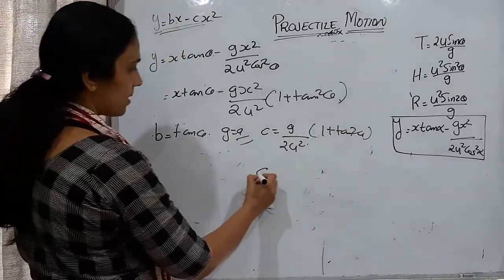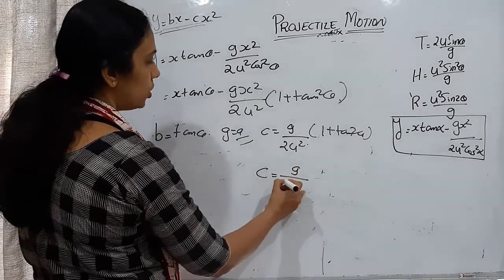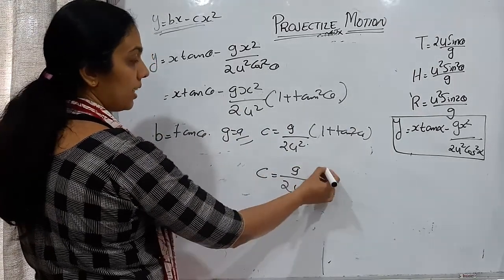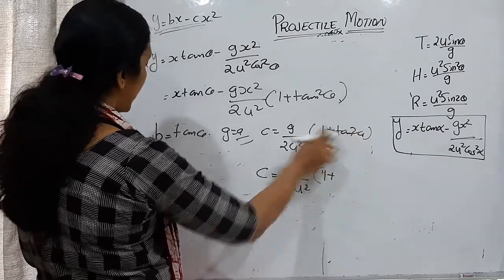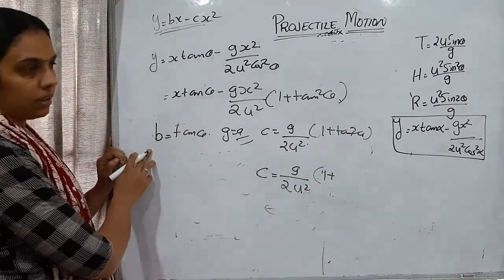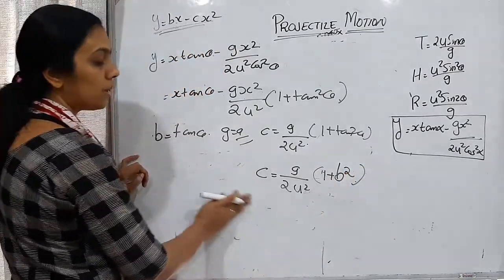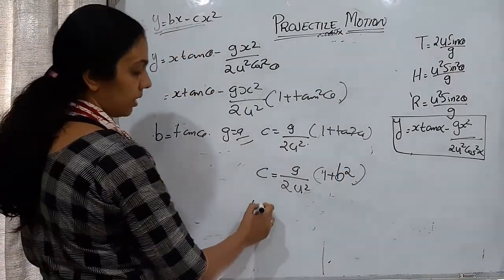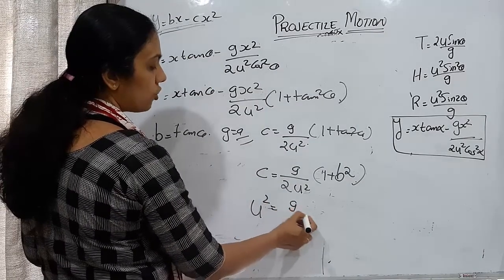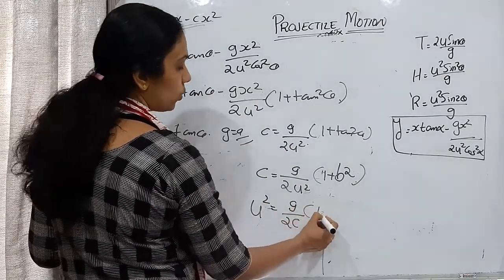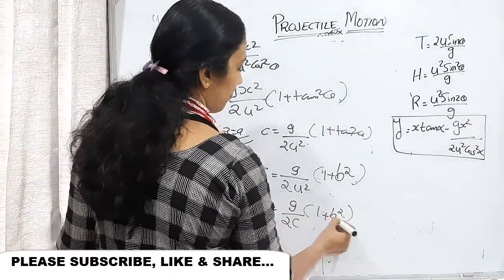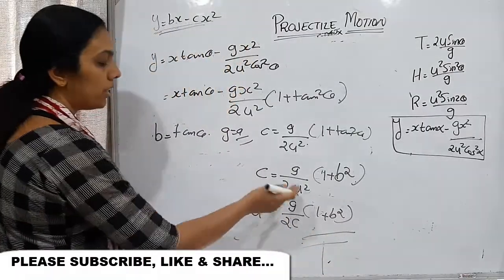C equals g by 2u square into 1 plus tan square theta, and tan theta we already got as b. Therefore, tan square theta we can write as b square. So in terms of the given equation, it is converted. Therefore, u square equals g by 2c into 1 plus b square. Okay. So u will be equal to the square root of that.